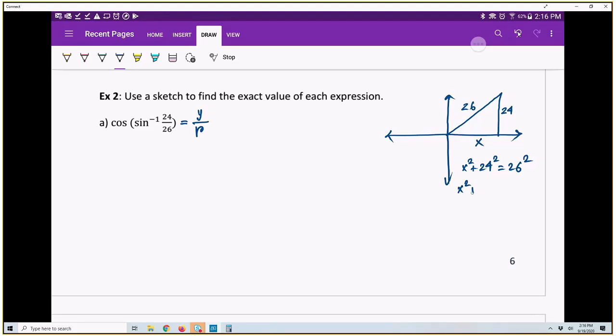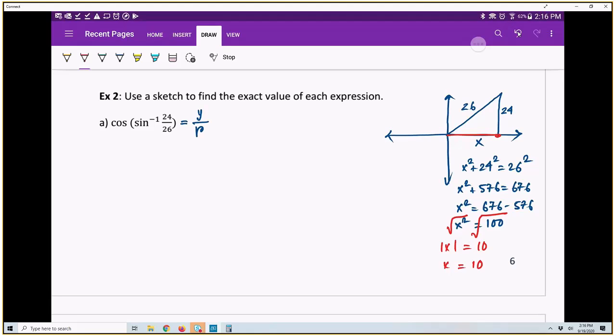So x squared plus 576, which is 24 squared, equals 676. So x squared is 676 minus 576, and that is 100. Then I take the square roots on both sides, so I get absolute value of x equals 10. But because x is in the first quadrant, it is positive, so x must be 10.